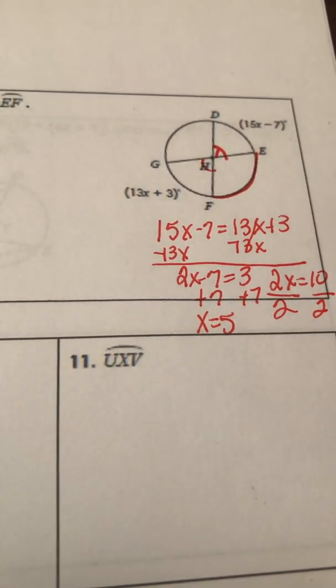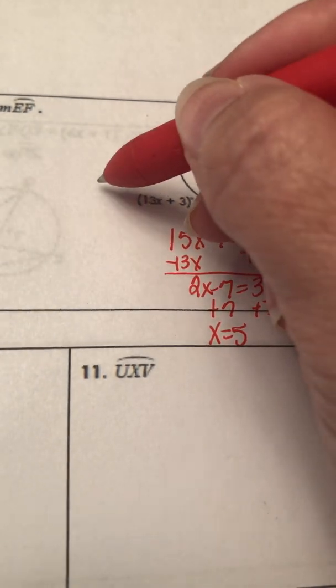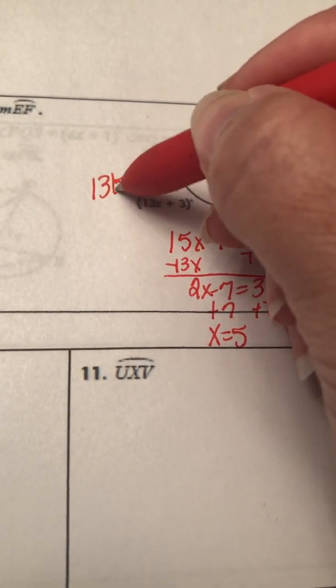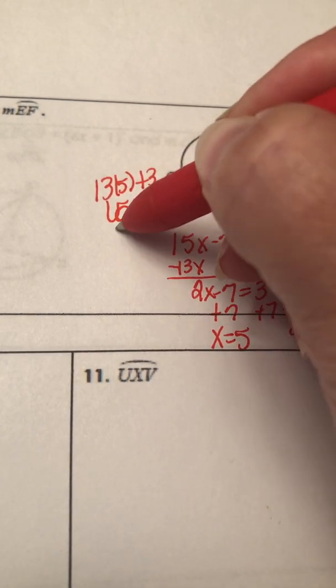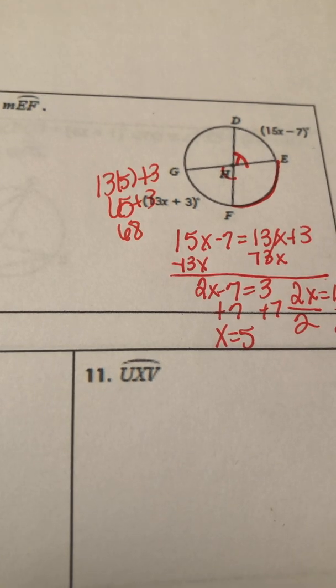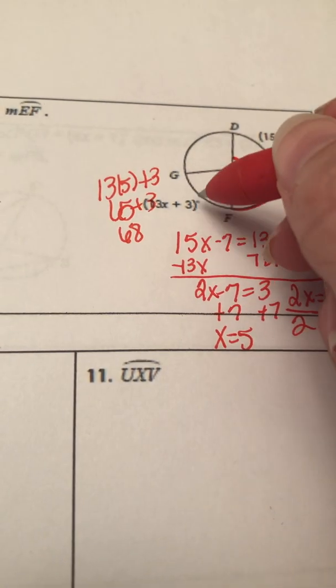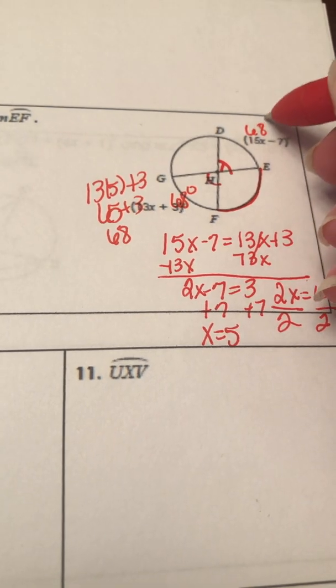So if I know that x is 5, I can go right here and do 13 times 5 plus 3. Okay, so we got 68 degrees here and 68 degrees here.